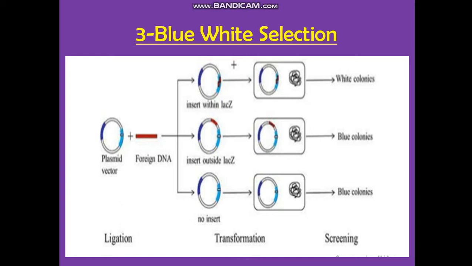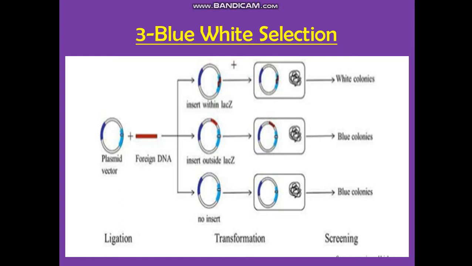I'm repeating it again. Understand, there is a gene lacZ present. This lacZ gene is responsible for the production of the beta galactosidase enzyme. Now, this beta galactosidase enzyme acts on a substrate named X-gal.